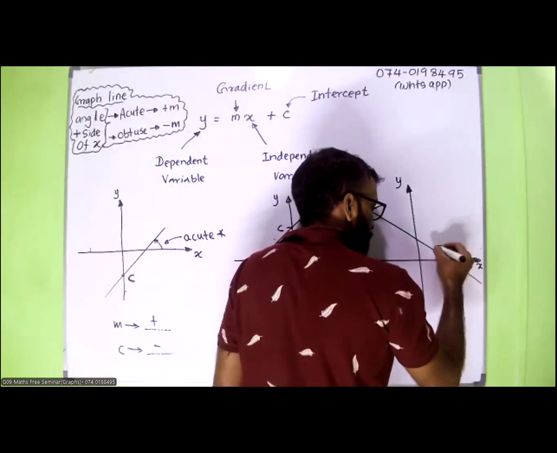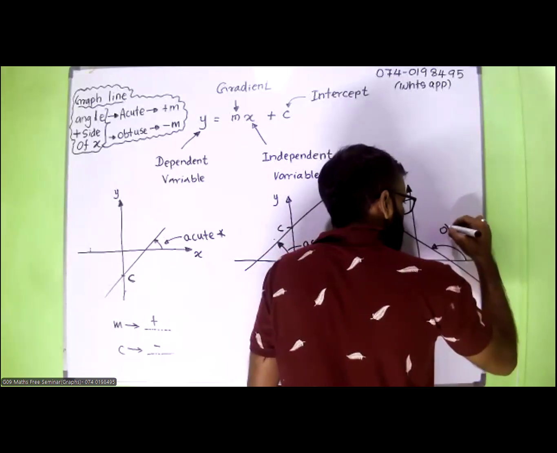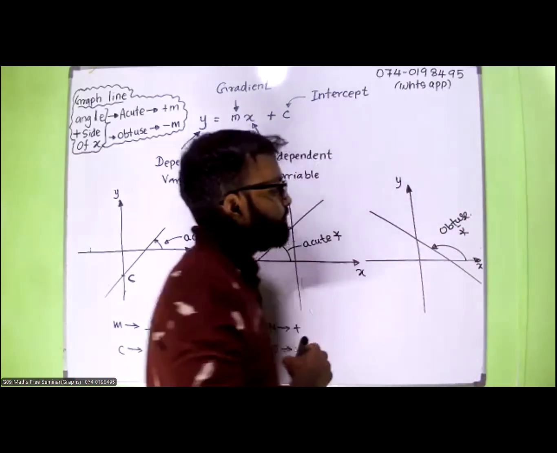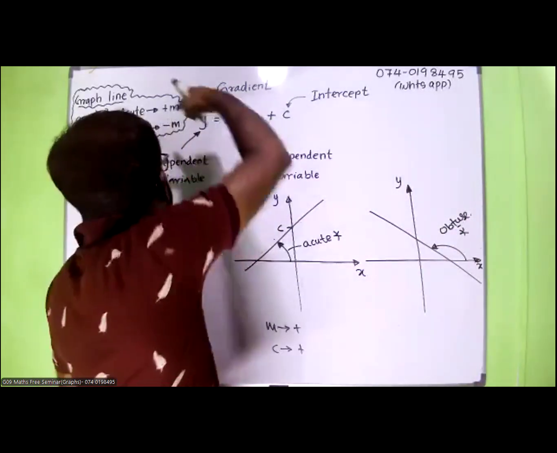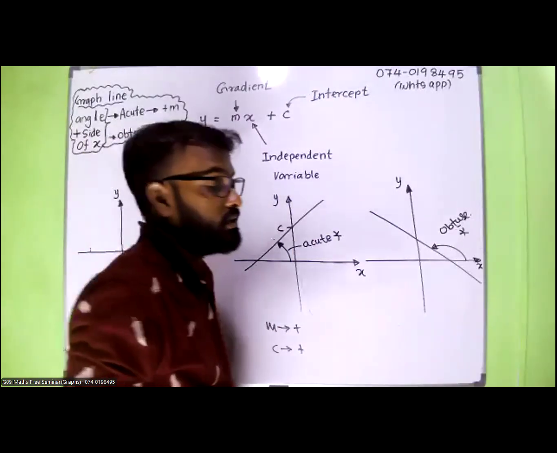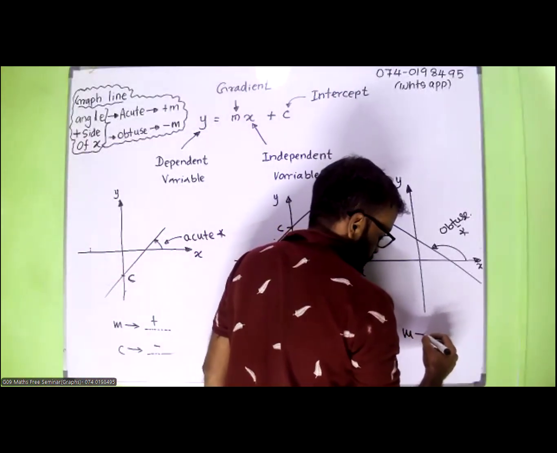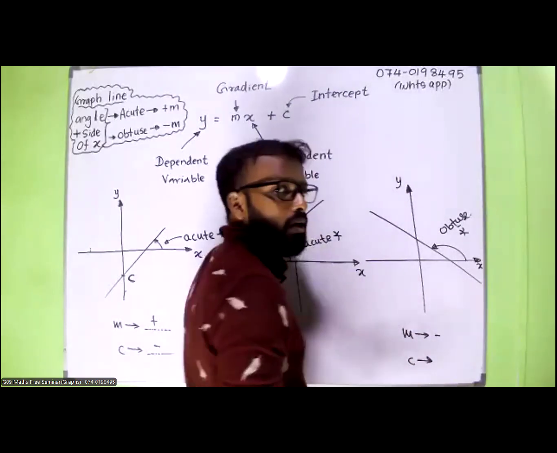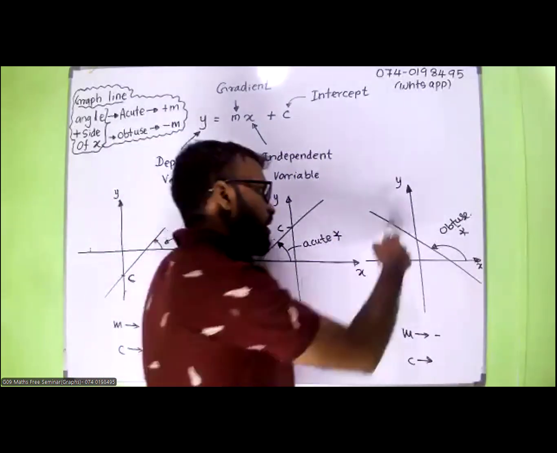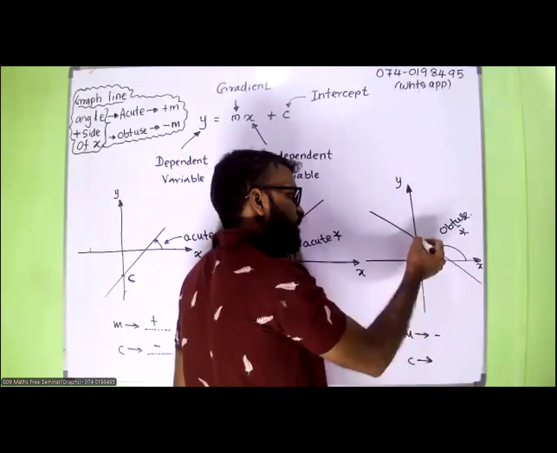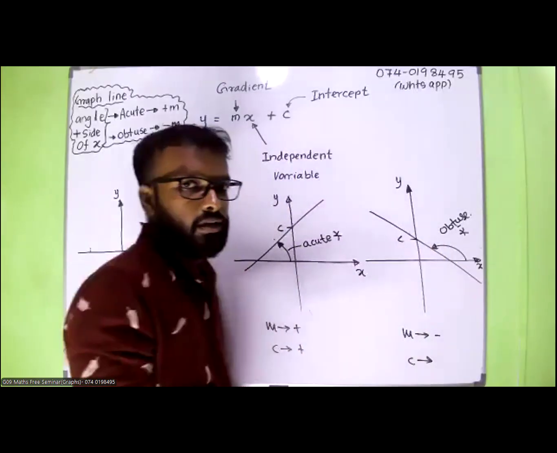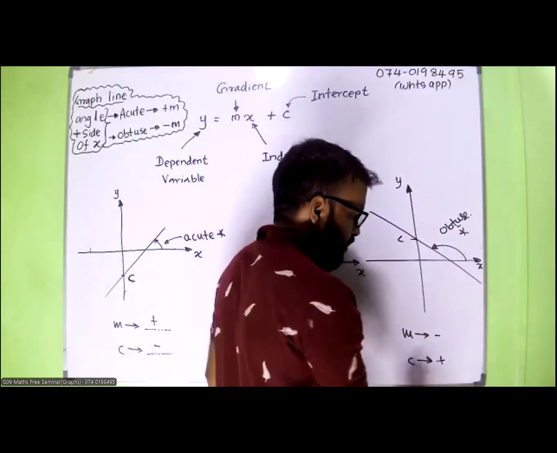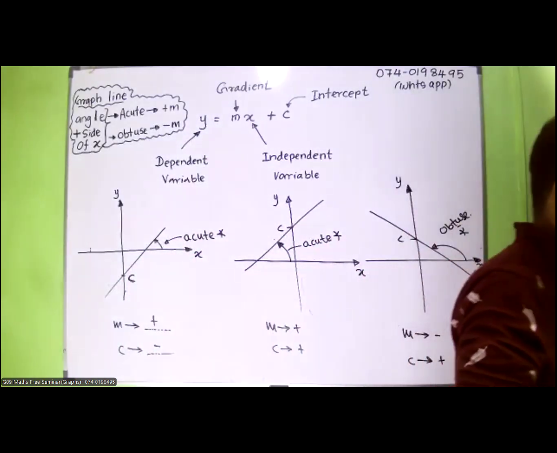It is an obtuse angle, so the gradient is negative. What about C? Where does the graph line intersect Y? Is C positive or negative? Positive. So fill in the rest. There are three other things.